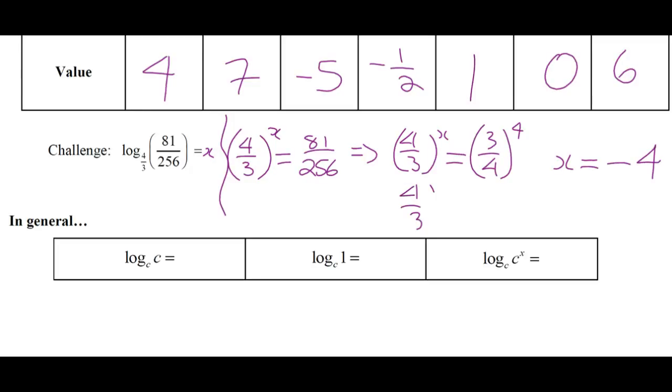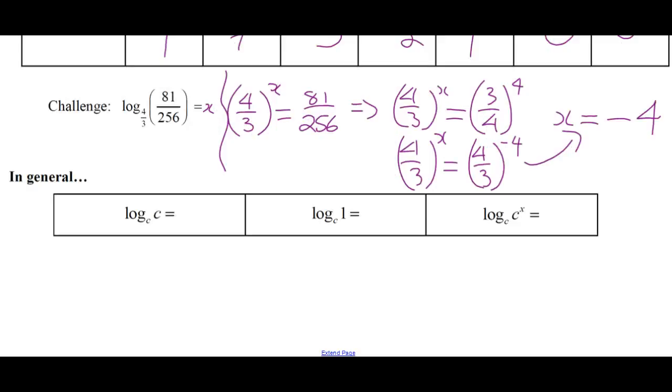So you can do this. You say 4/3 to the x is, I got to flip this over. How do I flip that over? I make the exponent negative. Oh, okay. There we go. x is negative 4. Okay. So these guys were both 4th powers of these guys, but not in that order, right? It was flipped over.